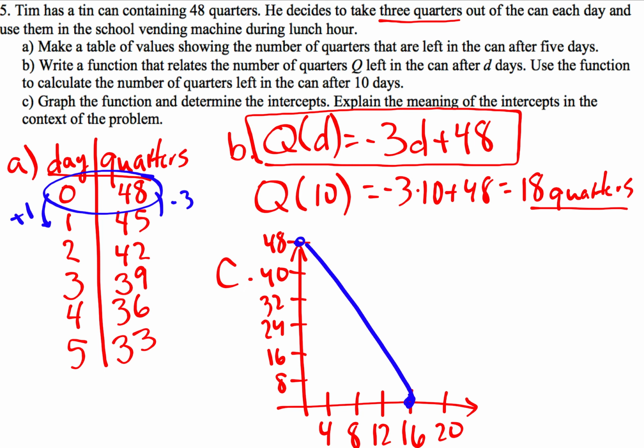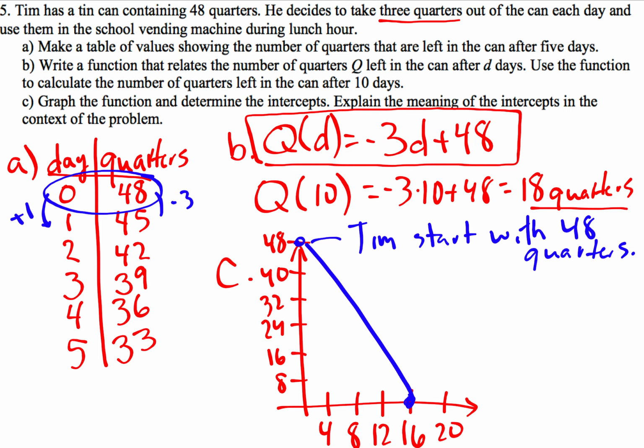And that's actually part of what this is asking, is to interpret the intercepts. The intercept of 48 quarters means that Tim starts with 48 quarters.